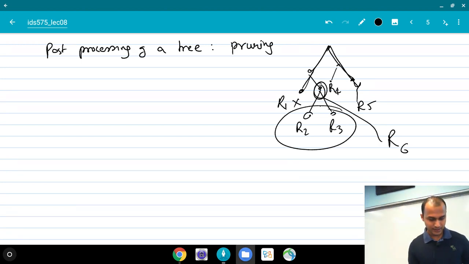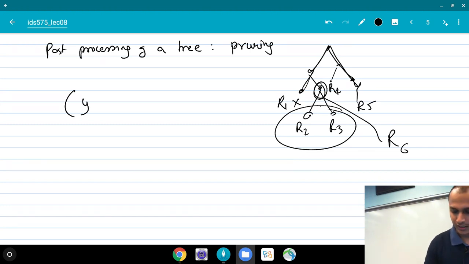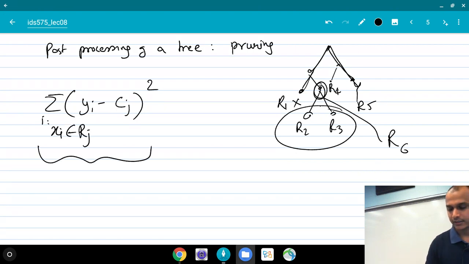One last point about regression trees before I get to classification trees, which have slight variations, is that we use the squared loss, right? So the sum of (yi minus cj) squared, over i such that xi belongs to region j. This is an example of a node impurity function, or a region impurity function.